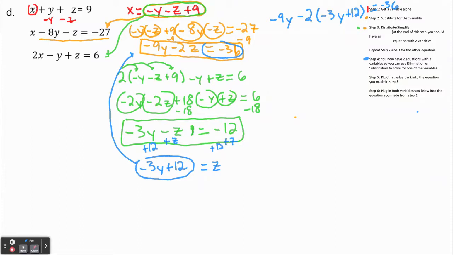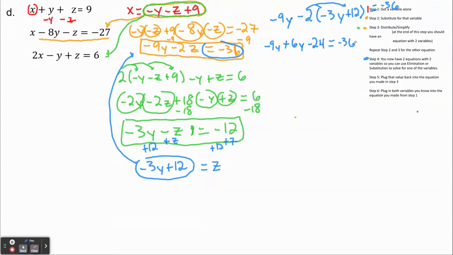Then I'm going to distribute and make this look a little prettier. So we're going to have negative 9y, and then negative 2 times negative 3 is positive 6y. Negative 2 times positive 12 is negative 24. And all of that is equal to negative 36.